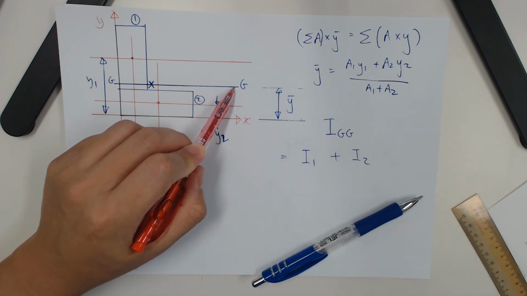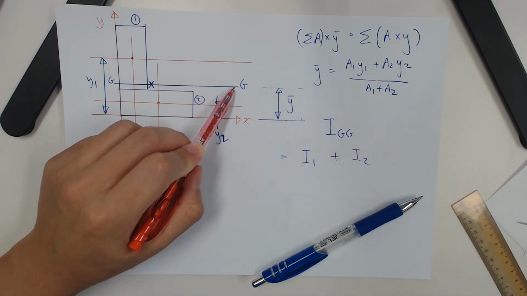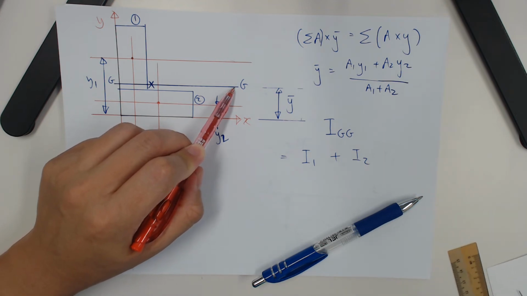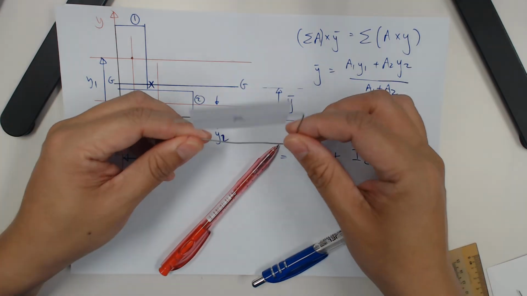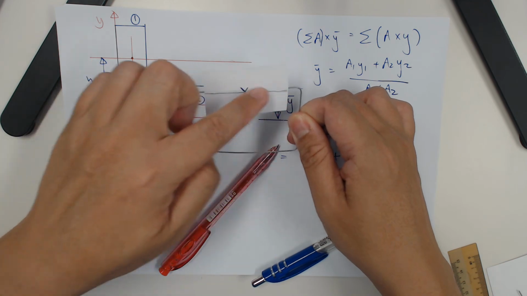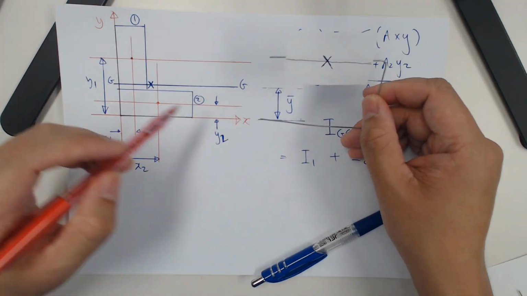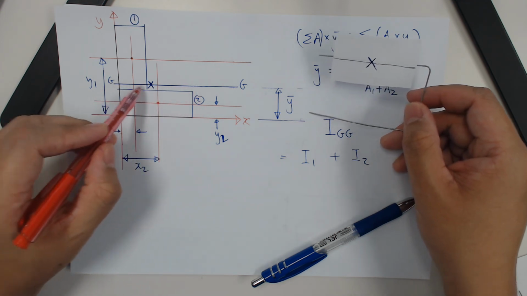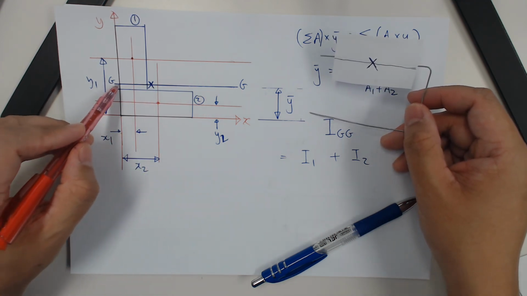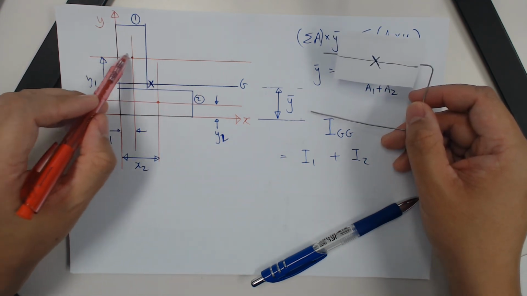It is exactly the situation whereby the rectangle is not rotating about its own axis. It is rotating about a separate axis, which is here. If it wanted to rotate about its own axis, it would be rotating about this line.